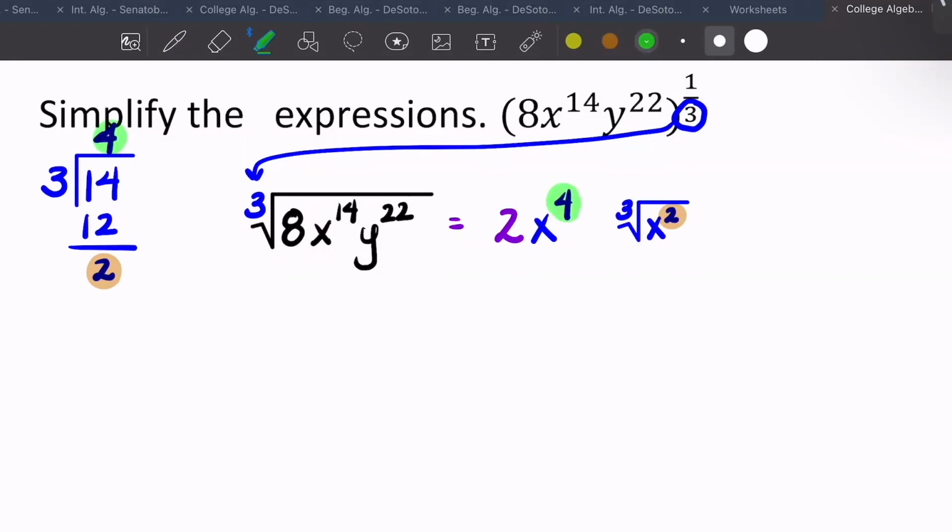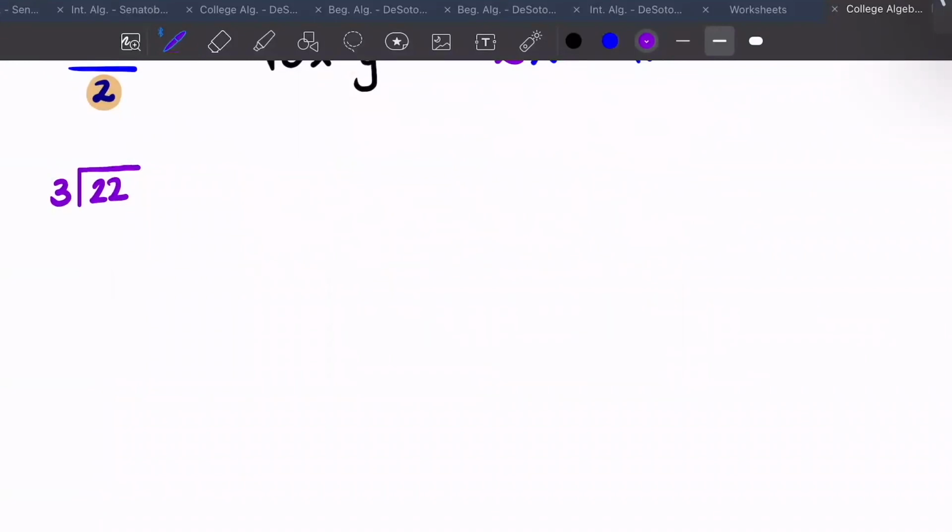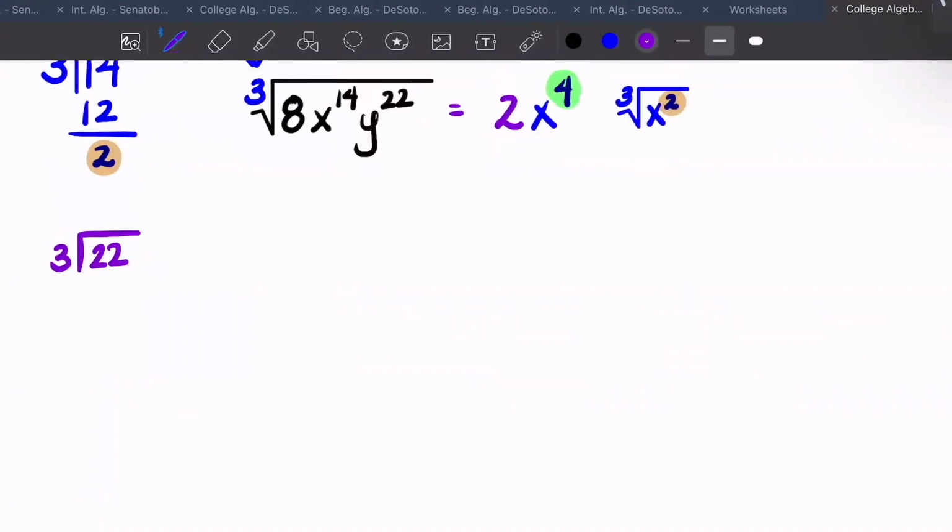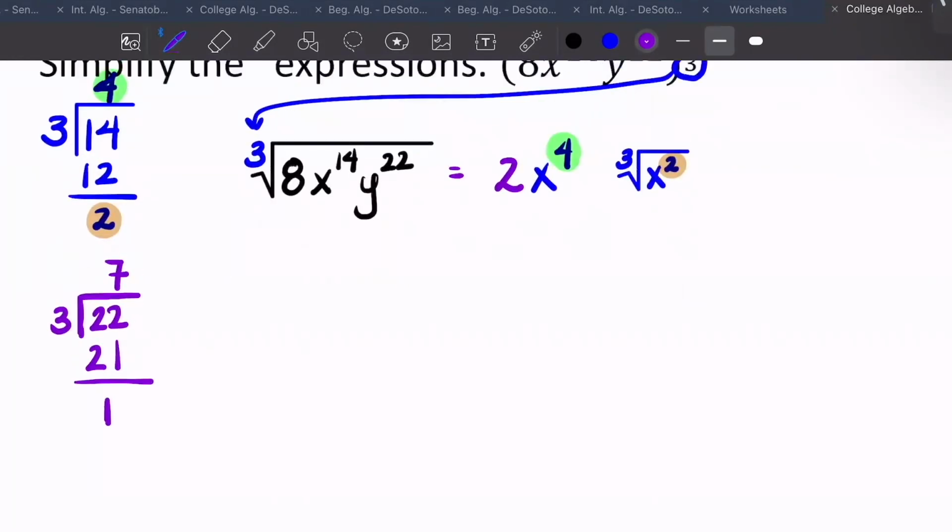And now we need to do y. We have 22 divided by 3. It goes in 7 times with 1 left over. So we have y to the 7th, because that's how many times it went in evenly.